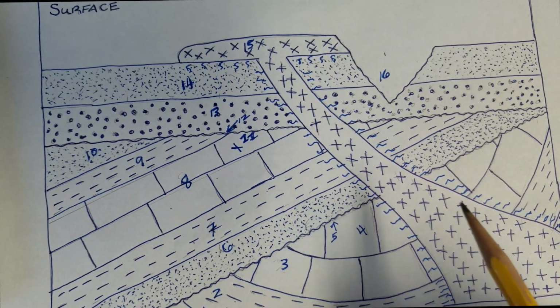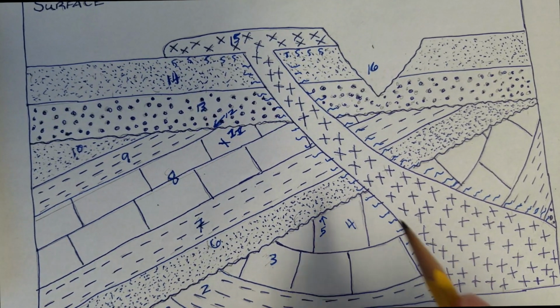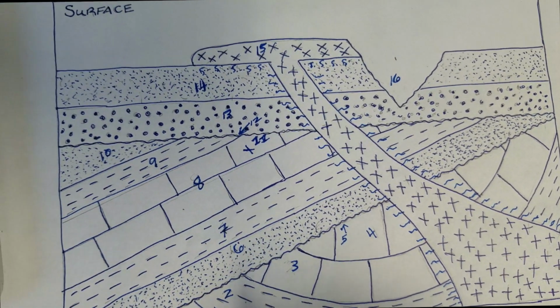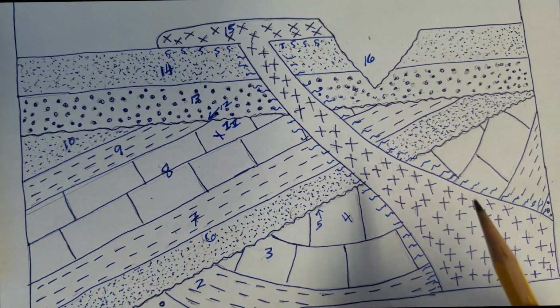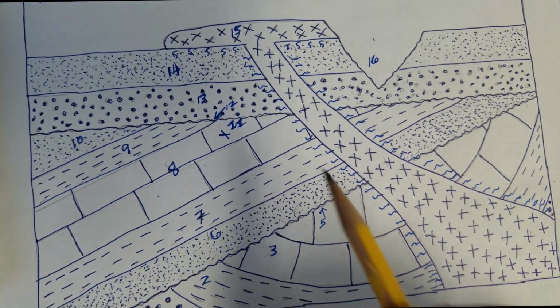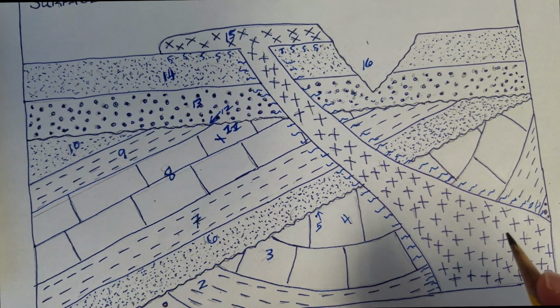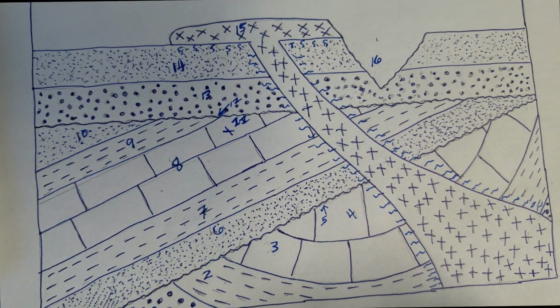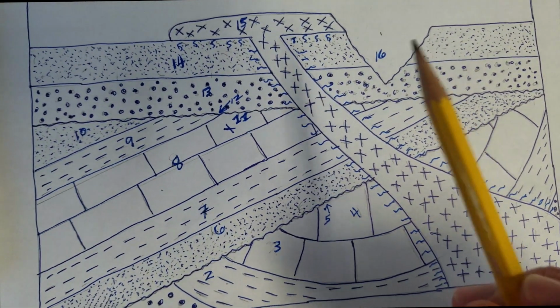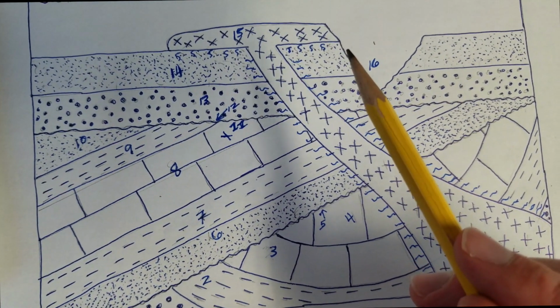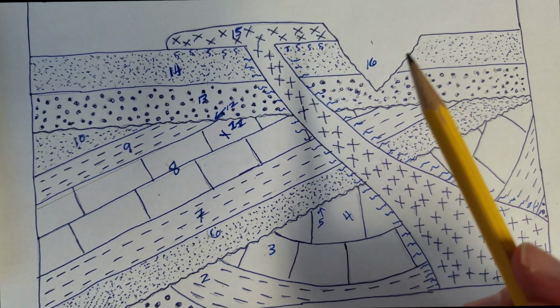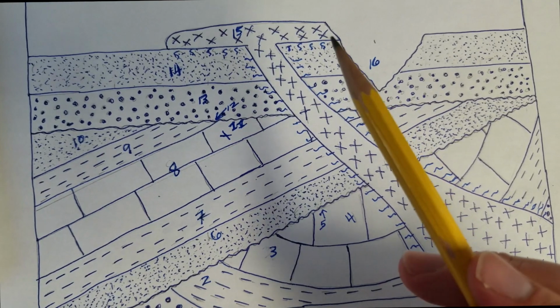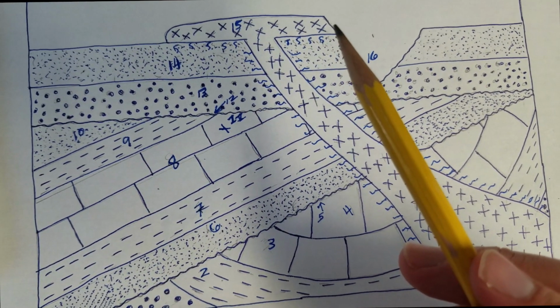We know that this particular layer is younger than all of these other layers due to the principle of cross-cutting relationships, indicating that these layers all had to be present before this intrusion and extrusion could cut across them.